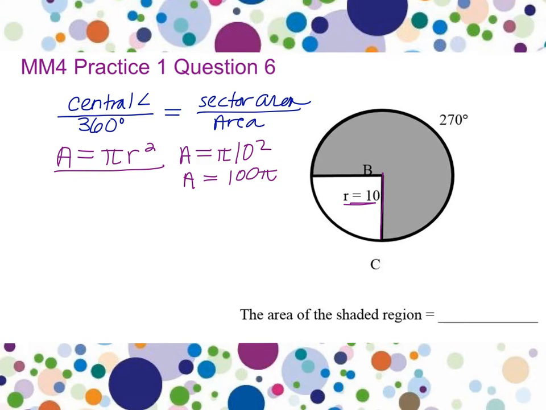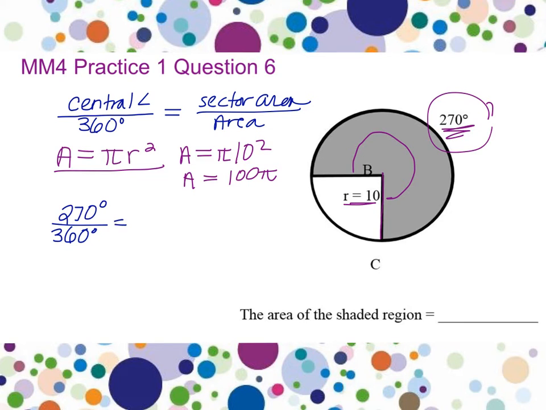All right. We also know that the central angle of this part of our circle, of this arc, is 270 degrees. So when we're finding the area of this sector, we need this 270 degree angle. So when we set up our proportion, we're going to compare the 270 degree angle to the entire circle, which we know is 360 degrees.